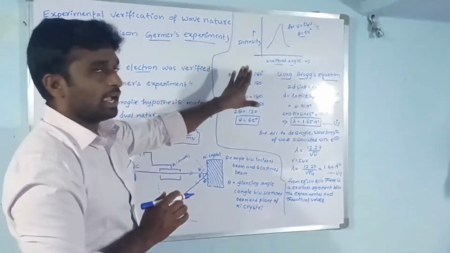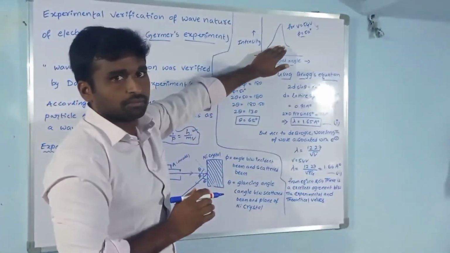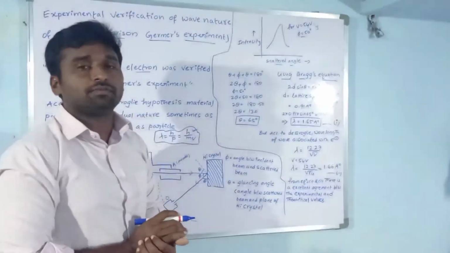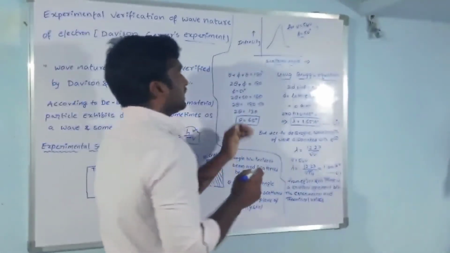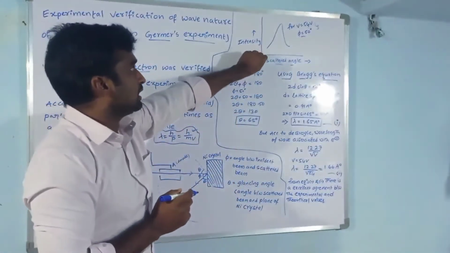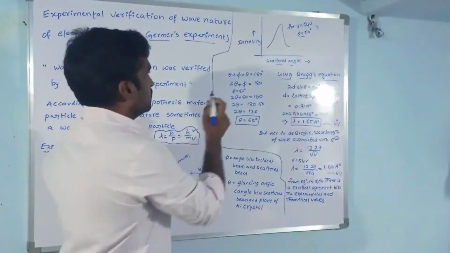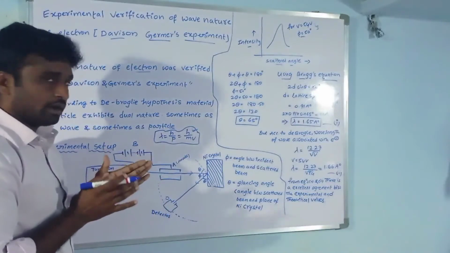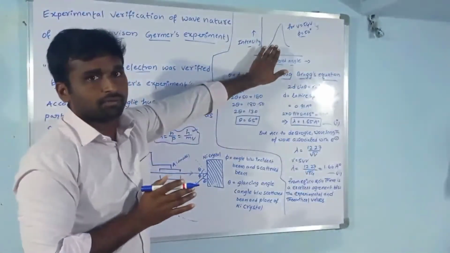So okay, at which angle will we get this type of graph? That means phi is equal to 50 degrees, voltage is 54 volts. So at these two values we will get a graph, that is a diffraction pattern. So maximum intensity. At other angles we will not get this type of graph.